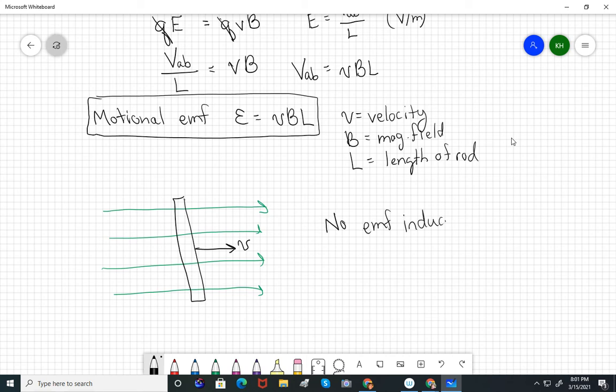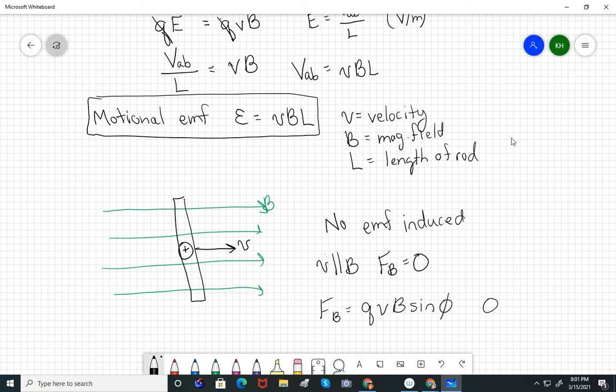Why? Well, if you picture a positive charge, if v is parallel to B, there's no force. Remember, the force is equal to QvB sine phi.